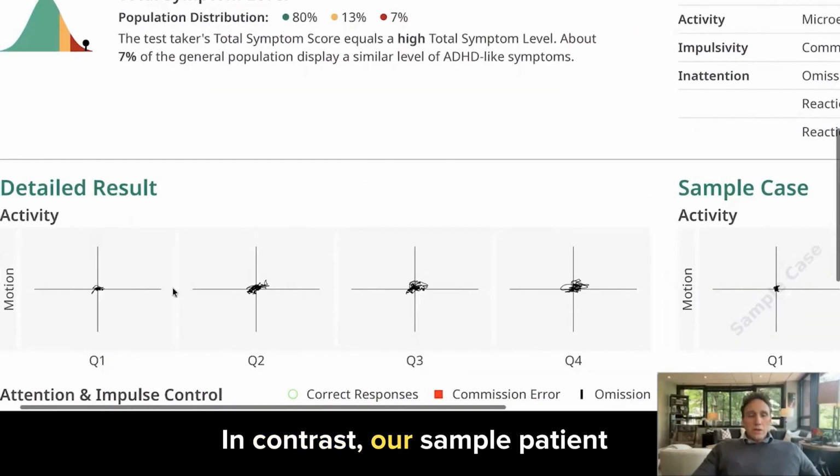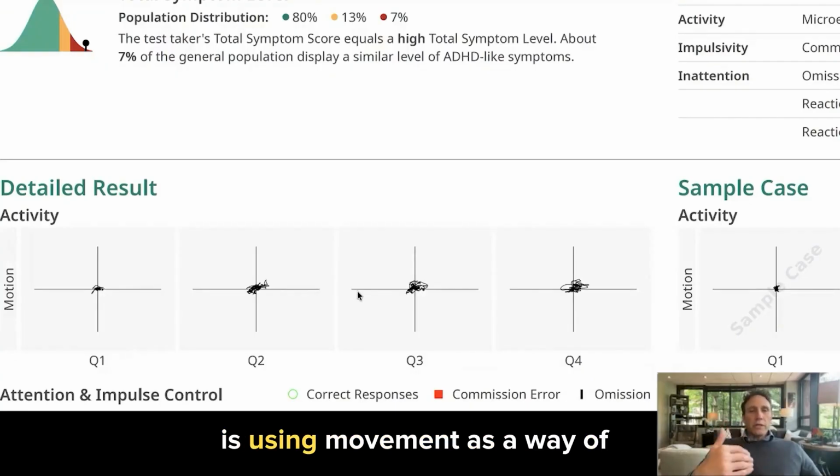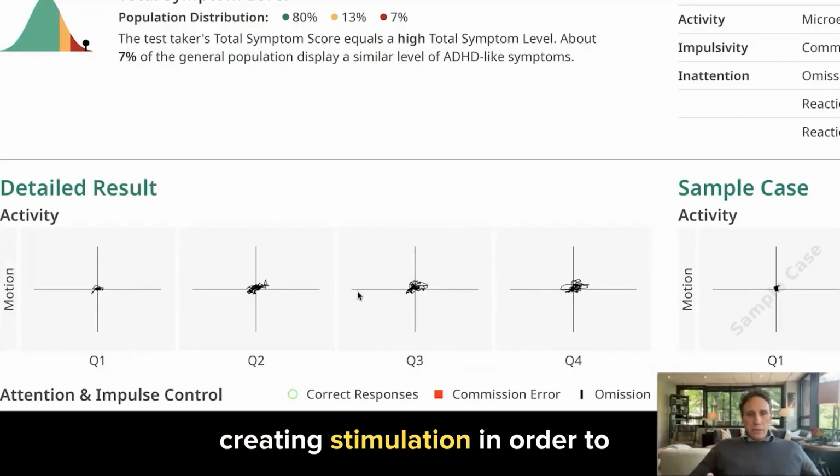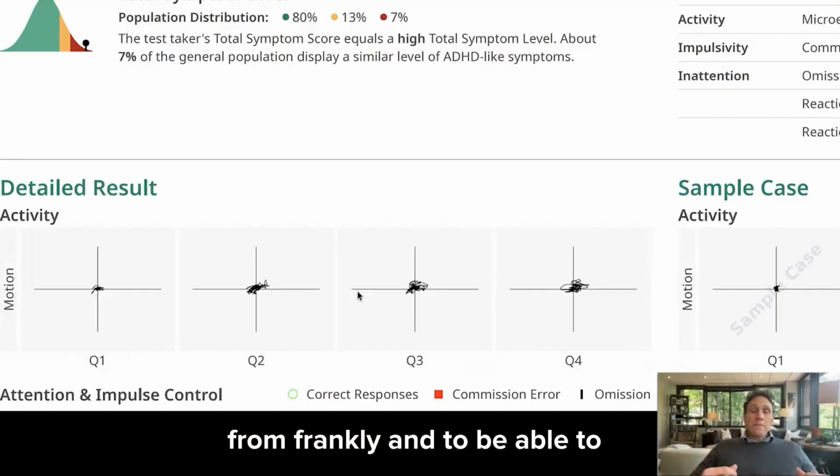In contrast, our sample patient here has micro movement at the beginning, but then as the test goes on with each successive 5-minute period, there's more and more movement. That suggests that as the test progresses, the person is using movement as a way of creating stimulation in order to be more attentive, to stay awake, frankly, and to be able to endure the test.